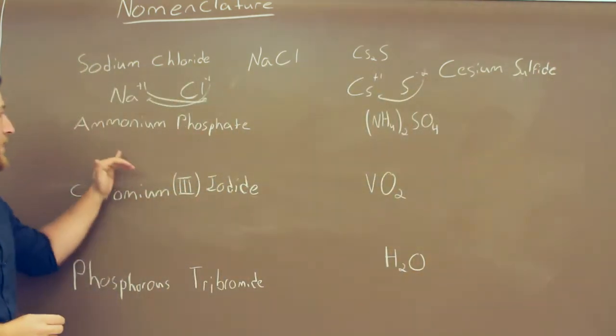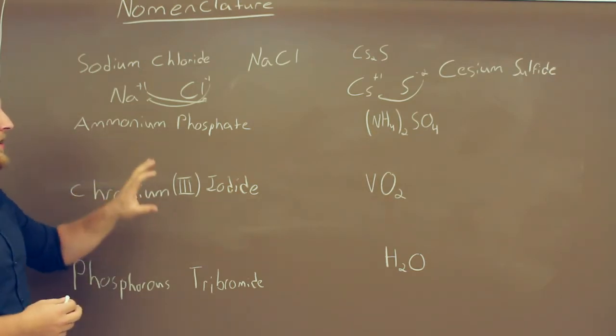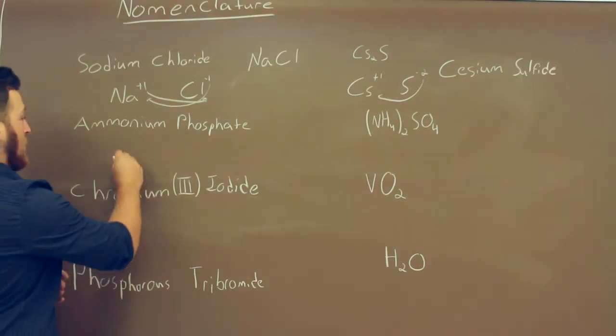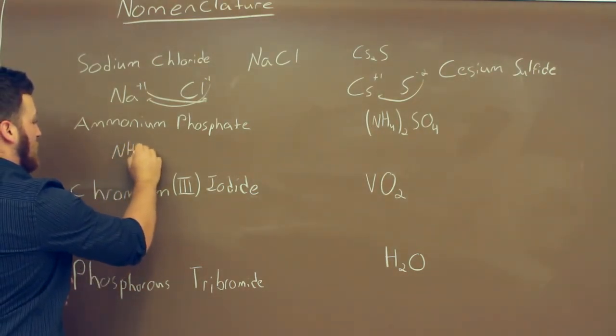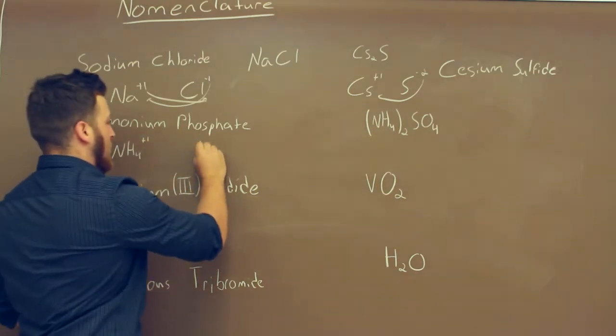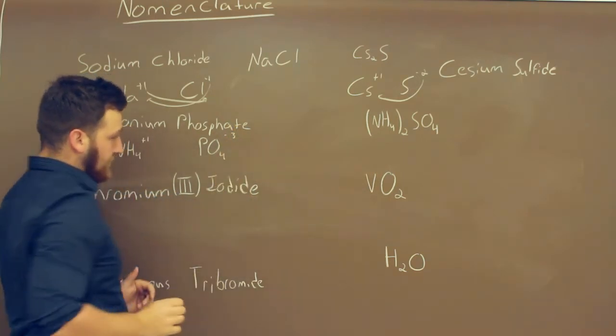In our next example, we have ammonium phosphate. We can see that this is going to be a polyatomic ion, they each are. For ammonium, we have NH4 +1, and phosphate PO4 -3.